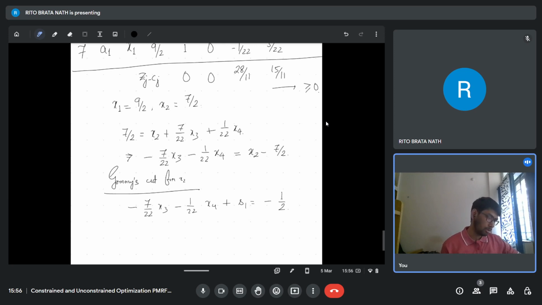So this you can add as the cut, and the previous solution will violate it because in the previous solution you had x3 and x4 to be zeros, and now you are making s1 as minus half. So this is just another equation.